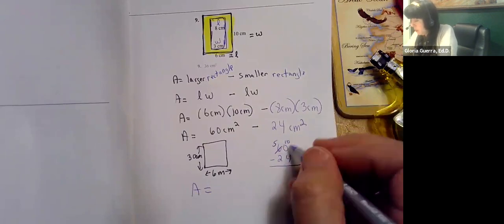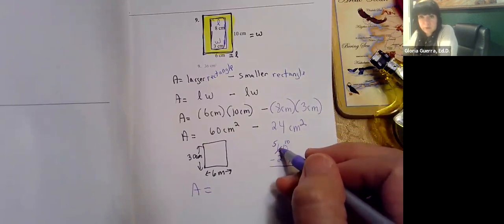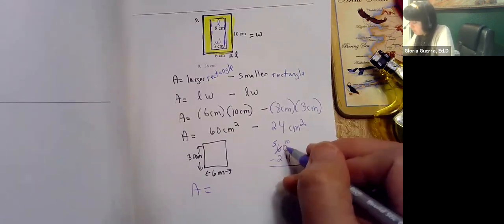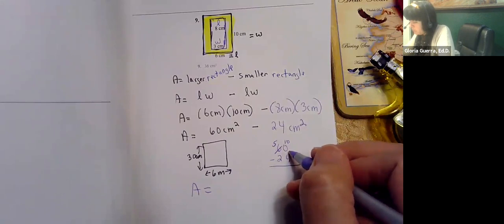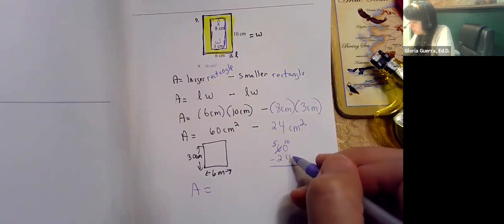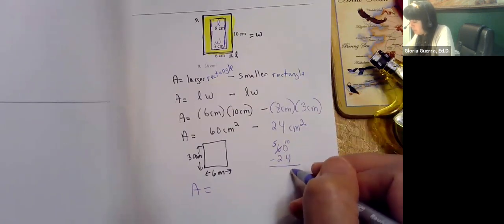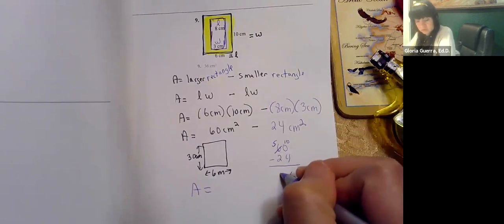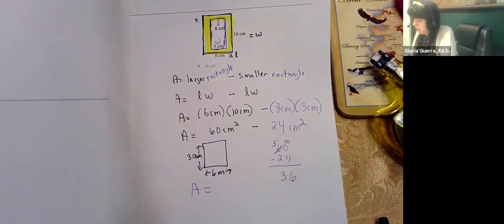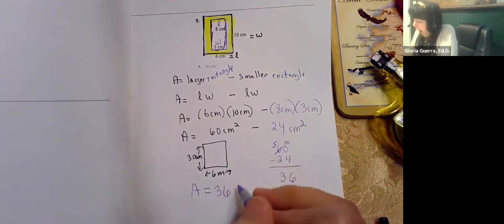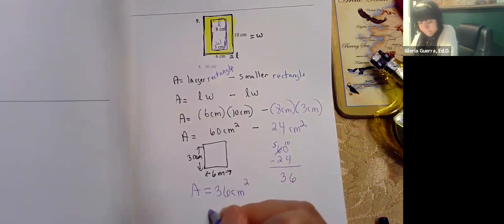When you borrow, the 6 decreases to a 5, and you carry that 1 over. 0 becomes a 10, so you have 10 minus 4, which is 6, and 5 minus 2 is 3. So we're at 36 centimeters squared.